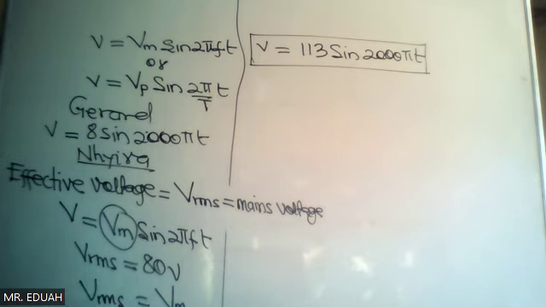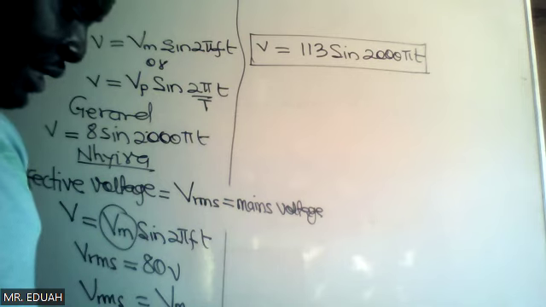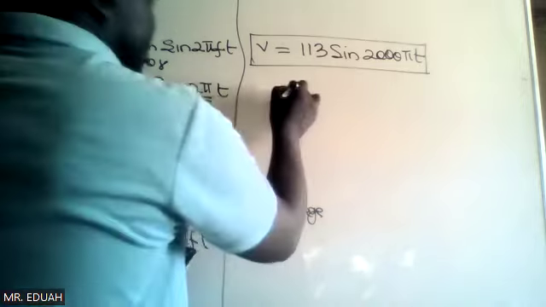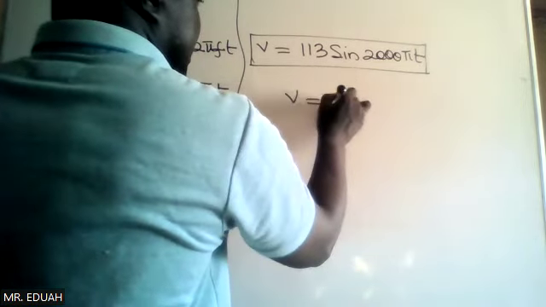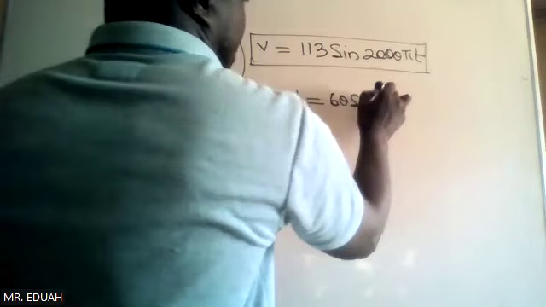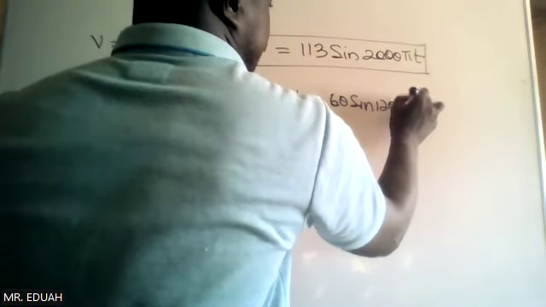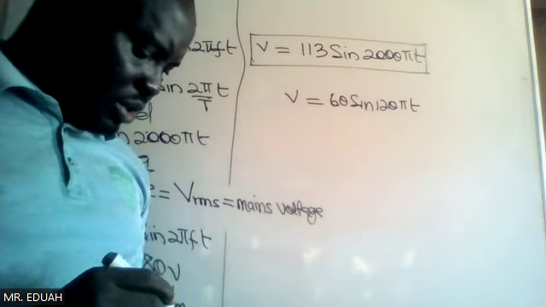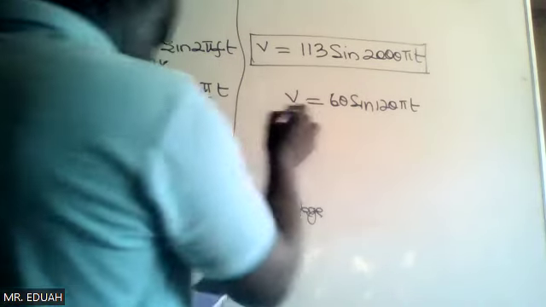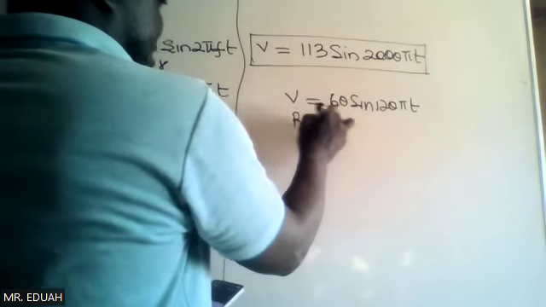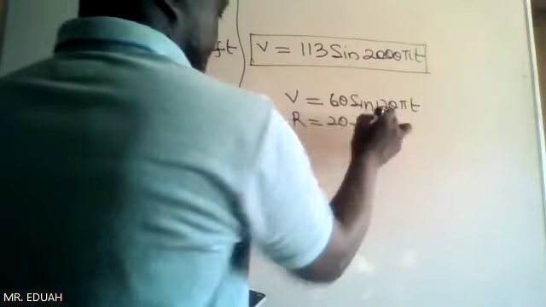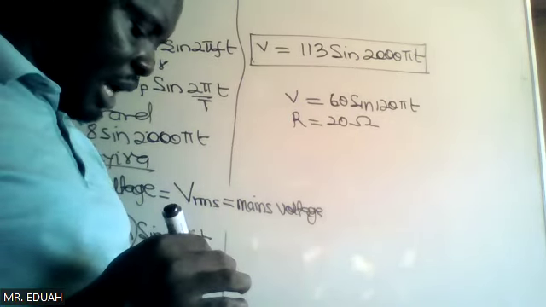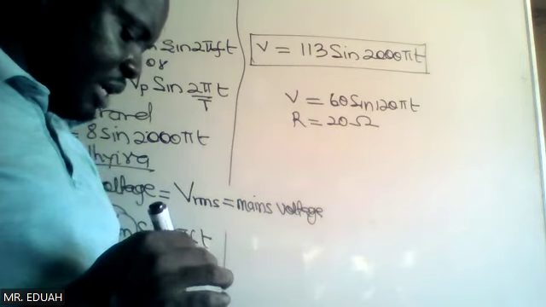So a voltage V is equal to 60 sine 120 pi t. So the instantaneous voltage is 60 sine of 120 pi t. It's applied across a 20 ohm resistor. So R is equal to 20 ohm. What will an AC ammeter in series with the resistor read?